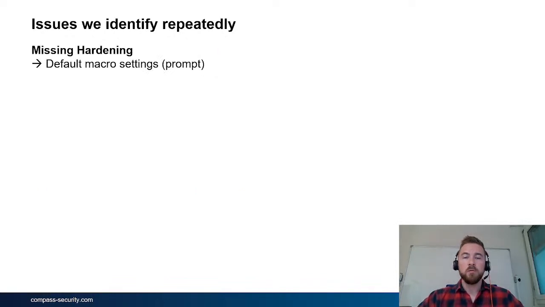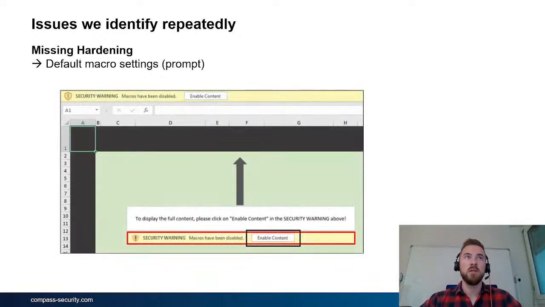Then you often also see that hardening is not being done, be it on clients or servers. And the problem there, especially on clients when you have Office, is that, for example, the default macro settings in Office are still active and not hardened. What does this mean?